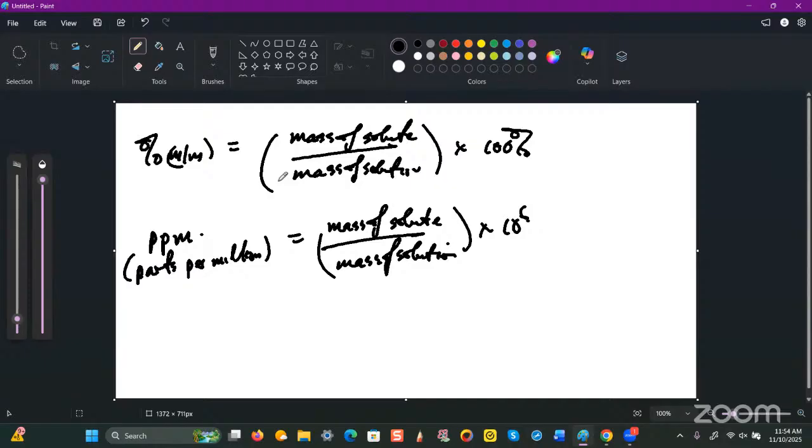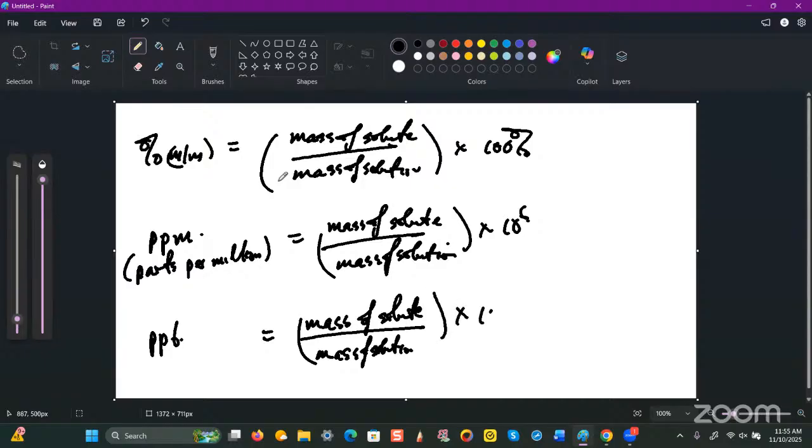So it's basically the same equation as in the case of percent mass over mass, but instead of multiplying by 100, you're multiplying by a million. And then there's another one, parts per billion, which is the mass of solute divided by the mass of solution times 10 to the 9, which is 1 billion, right?